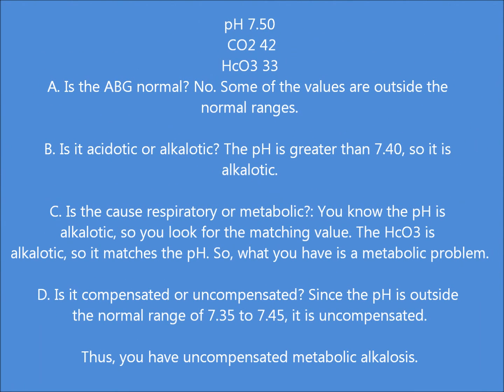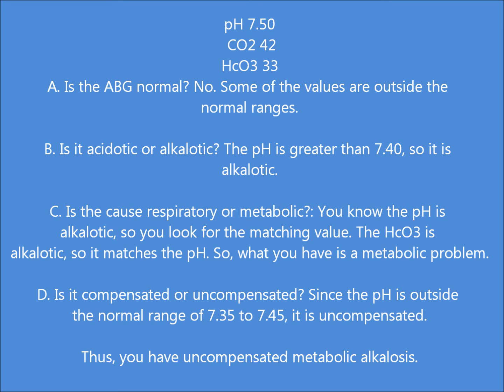Here we have a pH of 7.50, CO2 of 42, and an HCO3 of 33. Is the ABG normal? No. Some of the values are outside the normal range. Is it alkalotic or acidotic?